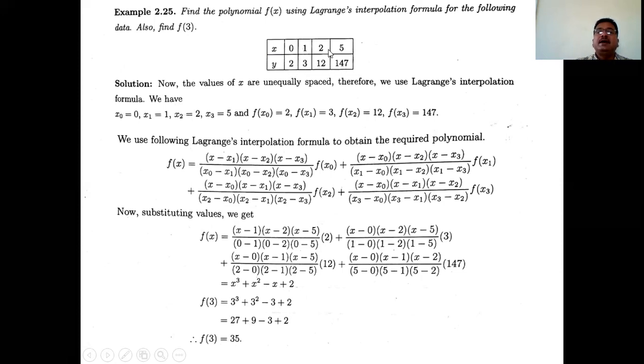So the value at 3 must be greater than 12 and less than 147. So it is 35 and it matches the table. So we can check the answer. The number 3 is nearest to 2, that's why the answer is nearest to 12 but greater than 12.